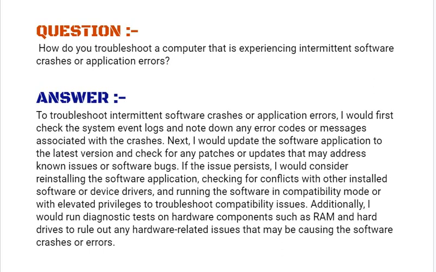Our next interview question is: how do you troubleshoot a computer that is experiencing intermittent software crashes or application errors? Your answer should be: to troubleshoot intermittent software crashes or application errors, I would first check the system event logs and note down any error codes or messages associated with the crashes.